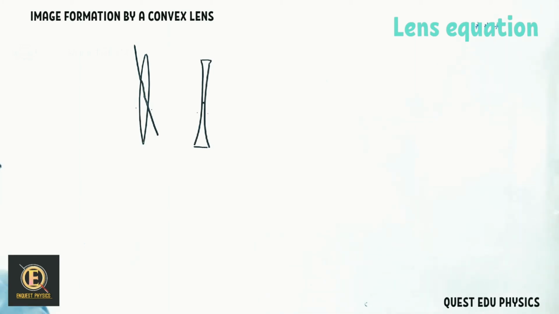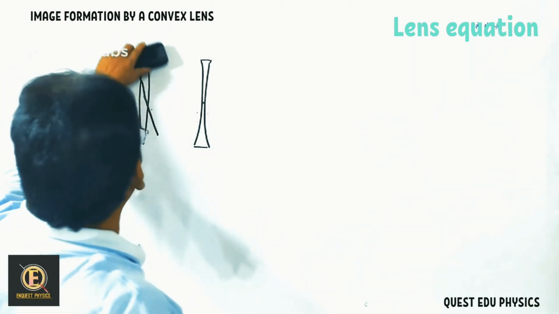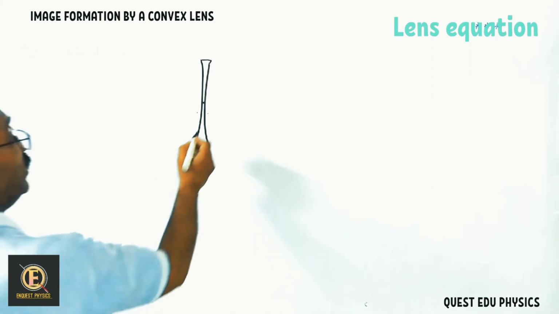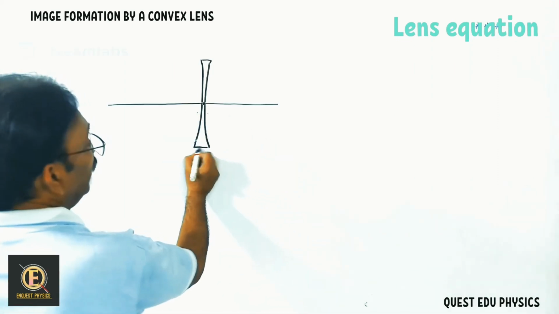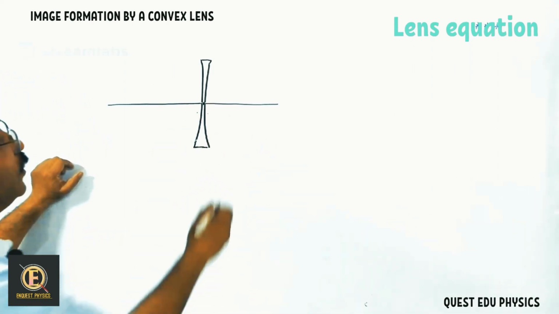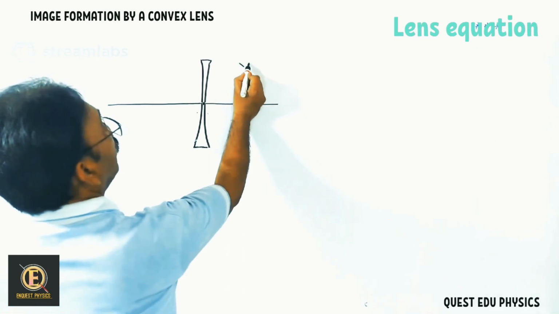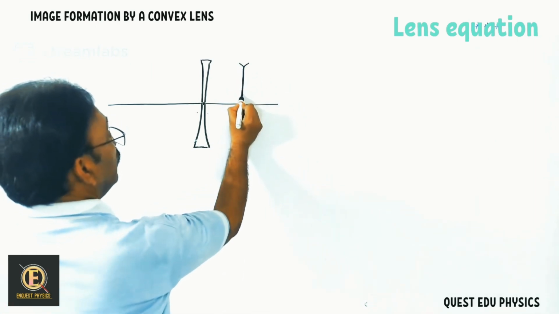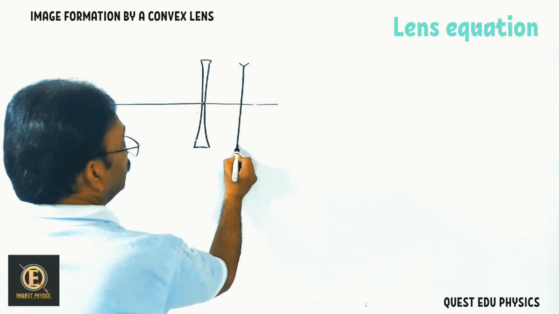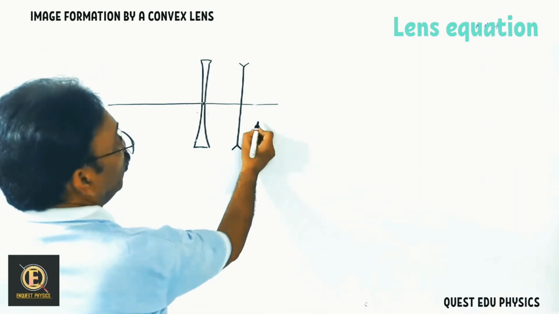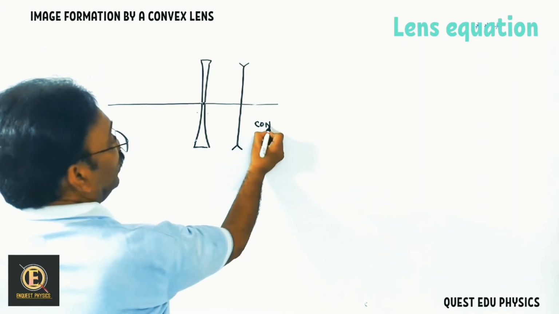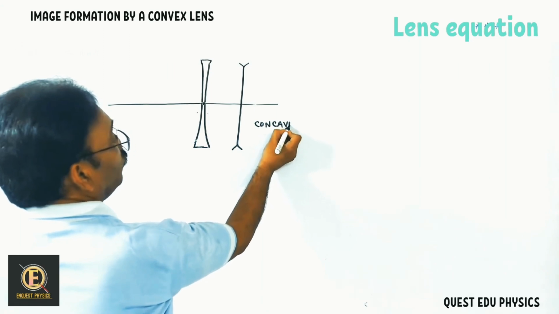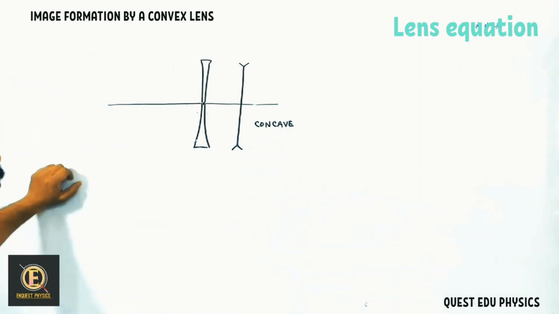Okay, students, the next primary thing you have to know is locating when the lens is very thin. When the lens is very thin, you can symbolically represent a lens like this. It is a symbolic representation of a thin concave lens.